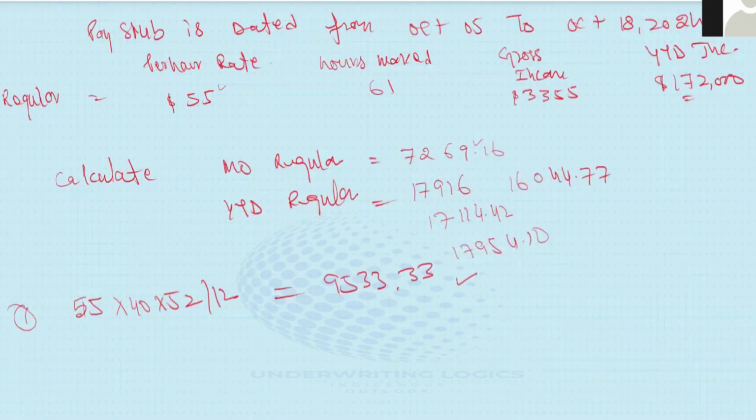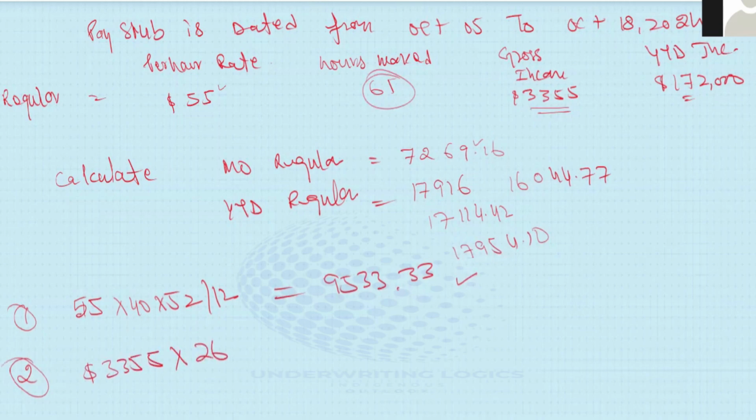But since this is a bi-weekly pay stub, it should be 80 hours, and he only worked 61 hours. So we cannot go with it as of now. Second method. We will see what his income is in this pay stub. $3355 into 26 because it is bi-weekly income. This income is for 2 weeks.